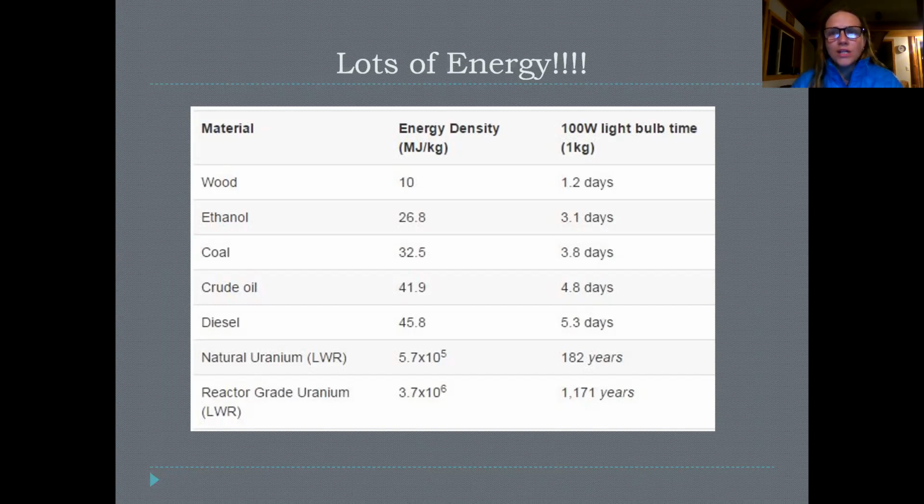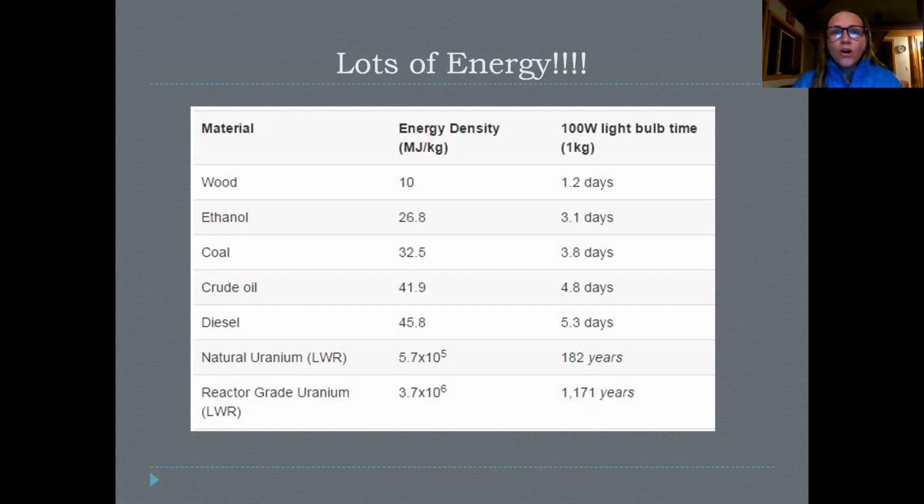Ethanol, which is a biofuel often created from corn that we can use as a liquid fuel for transportation, would be about 26. Coal would be about 32. Crude oil, close to 42. Diesel, close to 46. Uranium, let's see, 570,000 for natural uranium, and then reactor grade uranium would be 3.7 million.